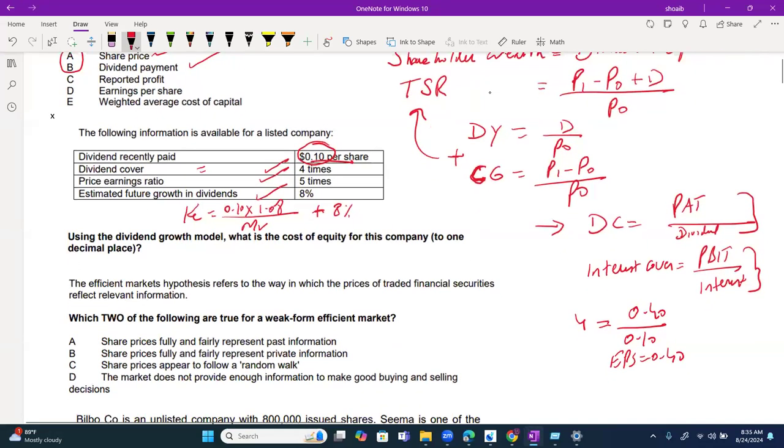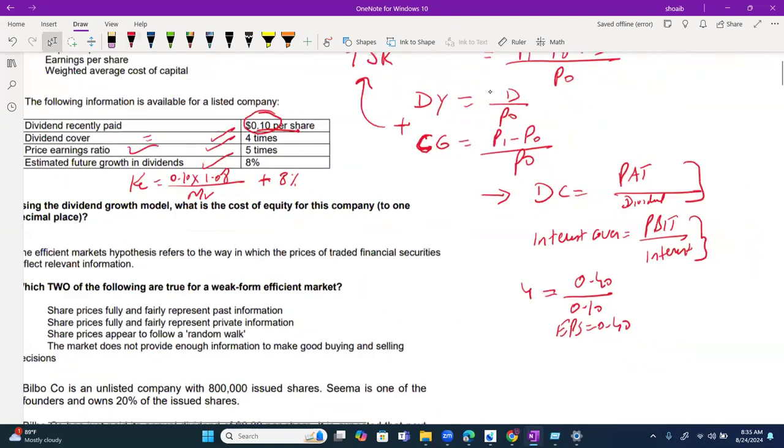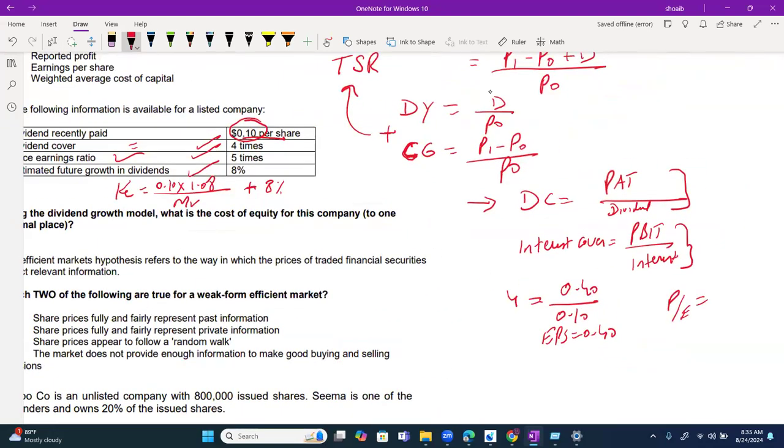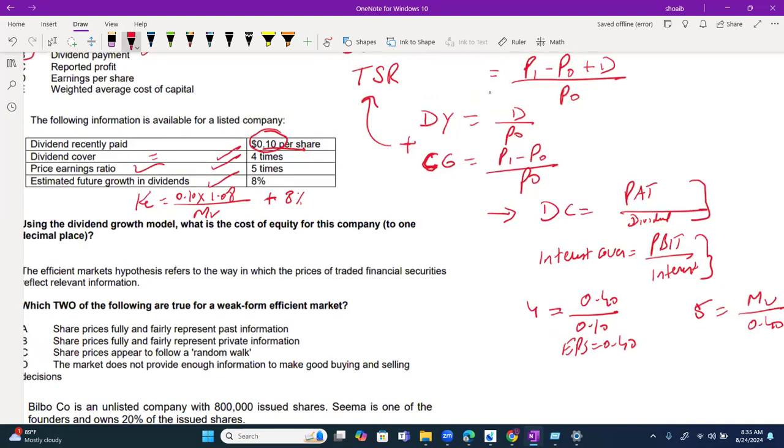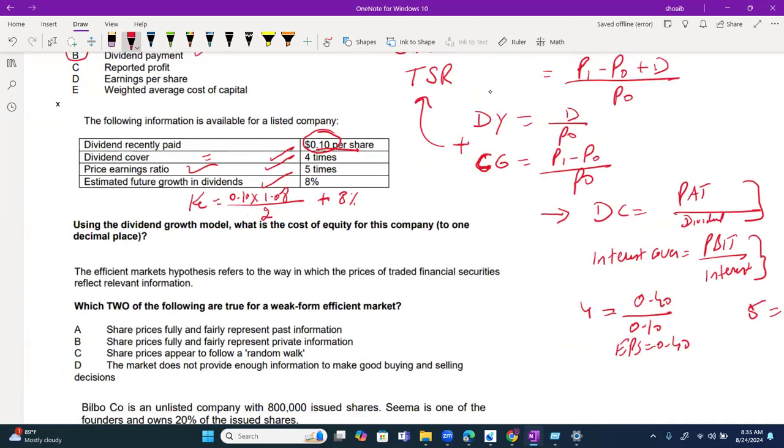Okay, EPS is given and P ratio is given. So P ratio formula is price, market value over EPS. EPS is 0.4. P ratio is 5. So you can calculate the market value. Market value is 2. So let's calculate the cost of equity.